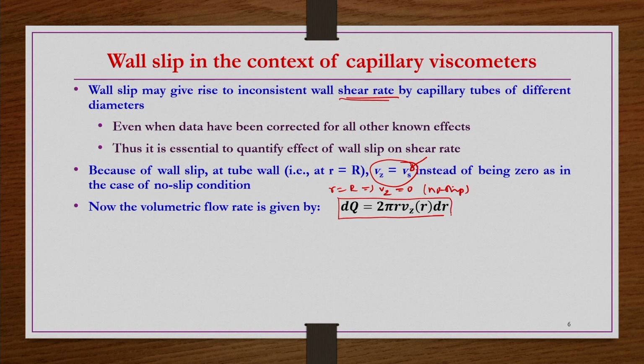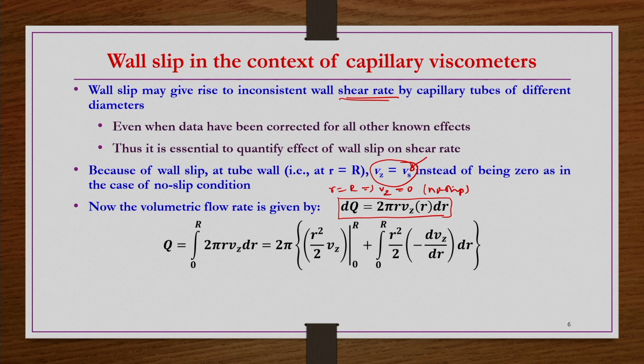So, the volumetric flow rate for a fluid flowing through a capillary, we have seen it as dQ equals 2 pi r Vz dr, where Vz is a function of r. When you do the integration here, 2 pi is a constant, the integral of r is r square by 2 with Vz as it is, minus the integral of r square by 2 times dVz by dr, so I write minus dVz by dr and then dr. So, this is what we have seen.